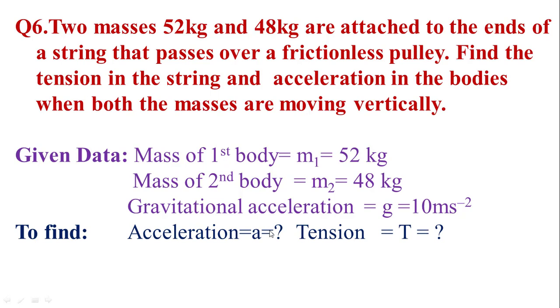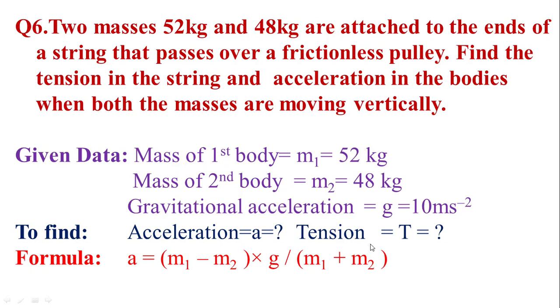To find acceleration a and tension T. Formula: when two bodies are moving vertically, then acceleration a is equal to (m1 minus m2) multiplied by g upon (m1 plus m2), and tension T is equal to 2 m1 m2 g upon (m1 plus m2).